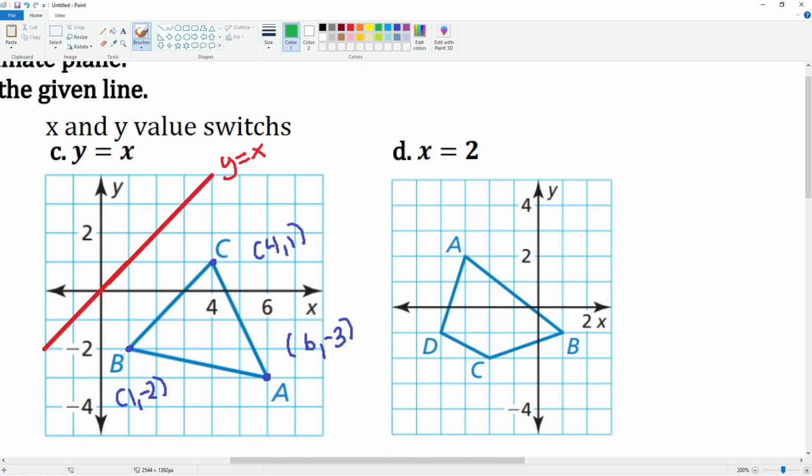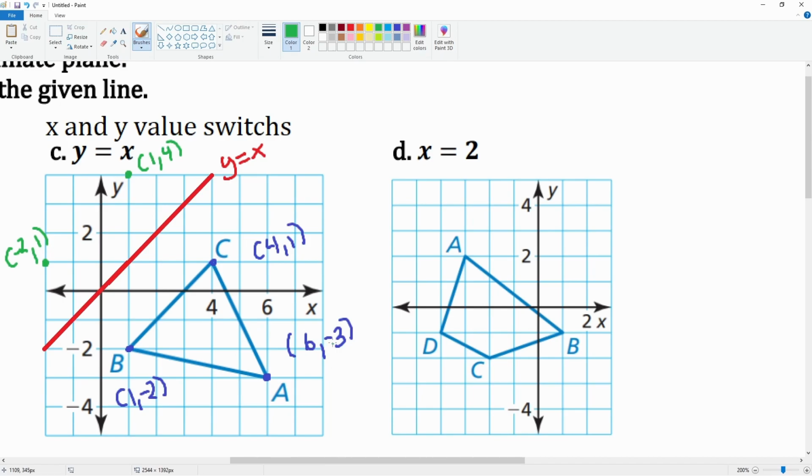So the new value for B prime would be -2, 1. So this is -2, 1. Do you see how it switches? Okay. Next, it is 1, comma 4. 1, 2, 3, 4. Okay, this is 1, comma 4.